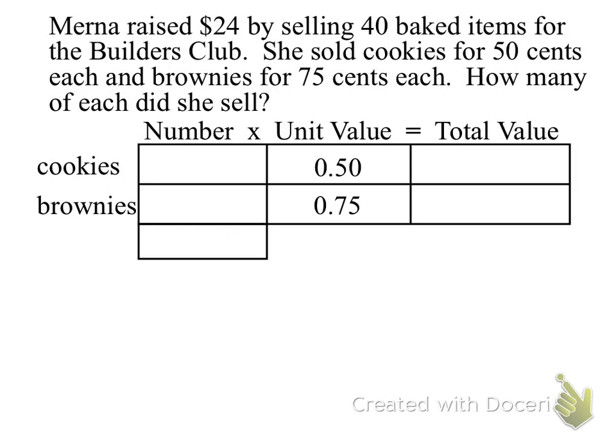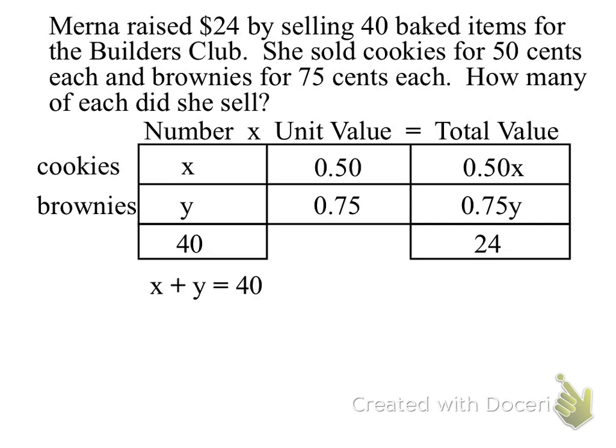We don't know how many cookies, so we call it X, or we call it C and B. We always multiply going across. And then we've got our two equations. X plus Y equals 40, and 0.5X plus 0.75Y equals 24.